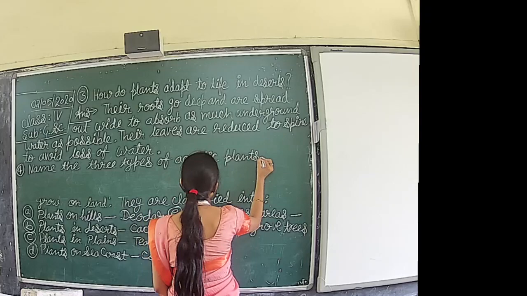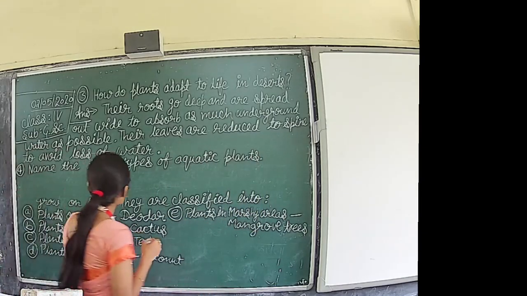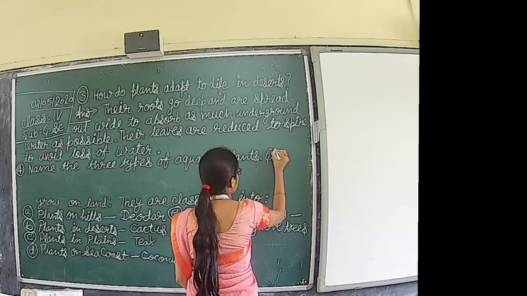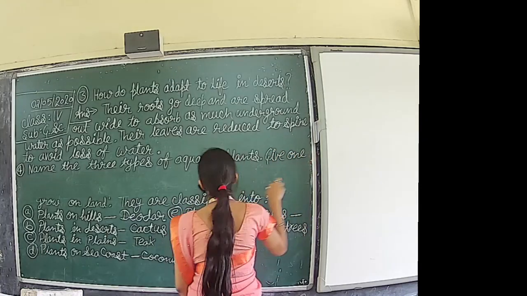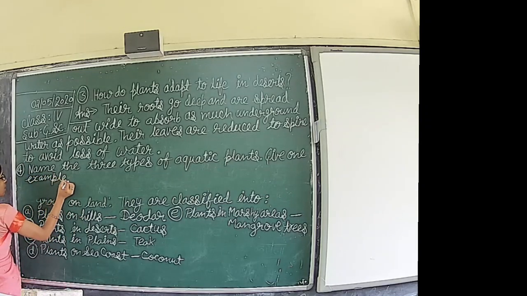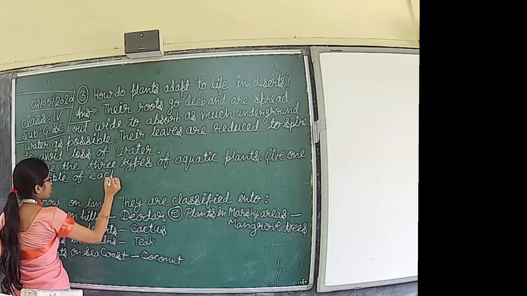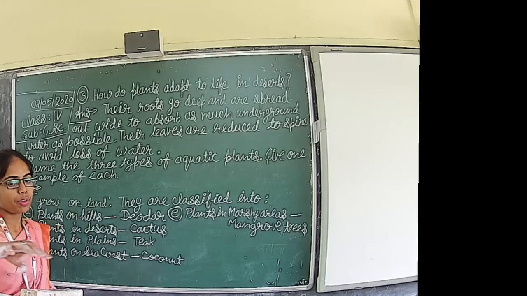And then one more question is given in the same question. Give one example of it. Means we have to name all the three types of aquatic plants, and then we have to write the example of each plant.